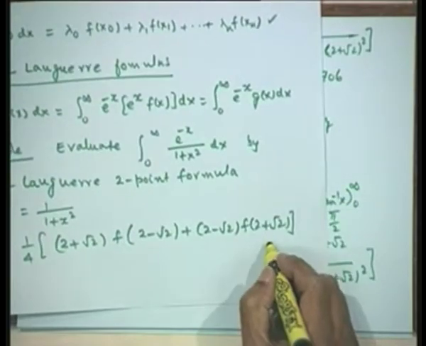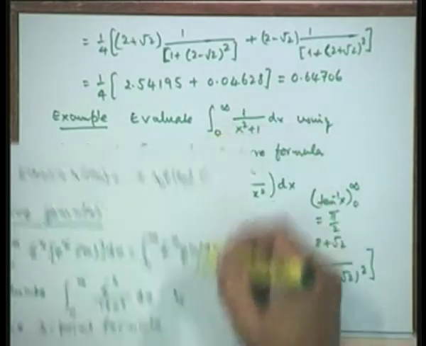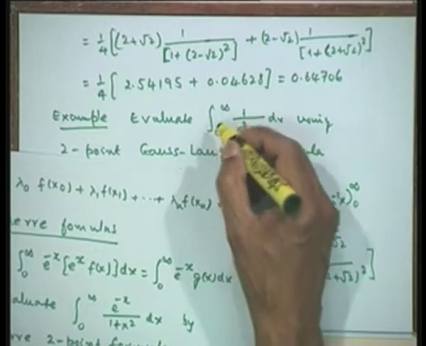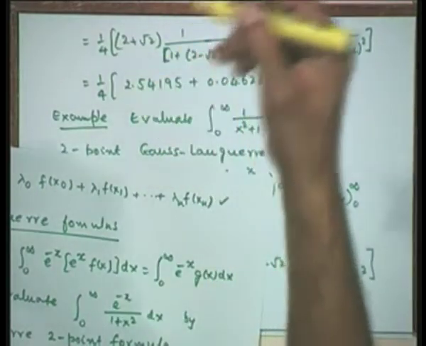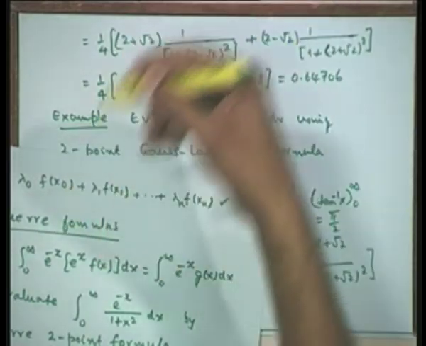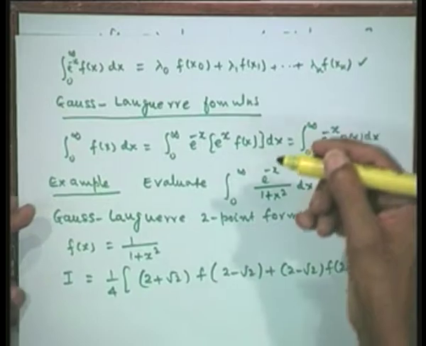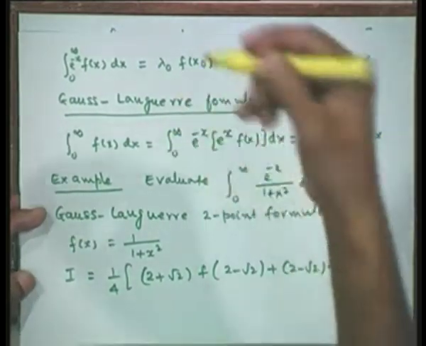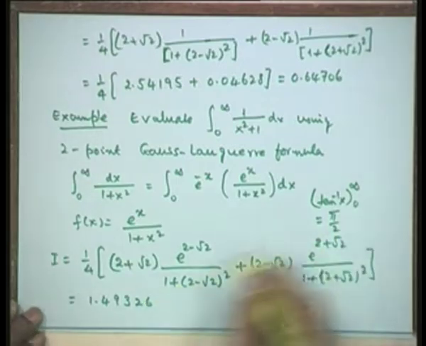For example, if we have n equal to 5, that is a 6-point formula, the largest abscissa is 15.98. The largest weight corresponds to the smallest abscissa. The values of the weights decrease with respect to the larger abscissas. The smallest weight is obtained corresponding to the largest abscissa.